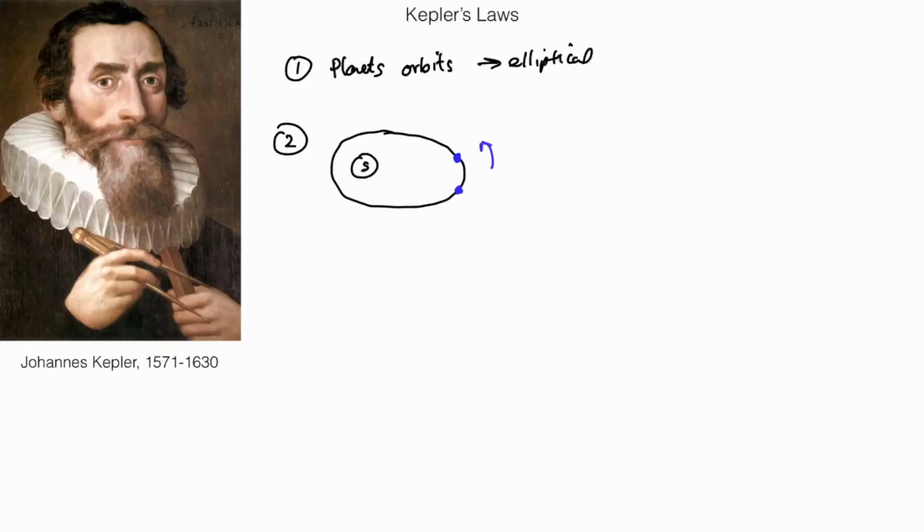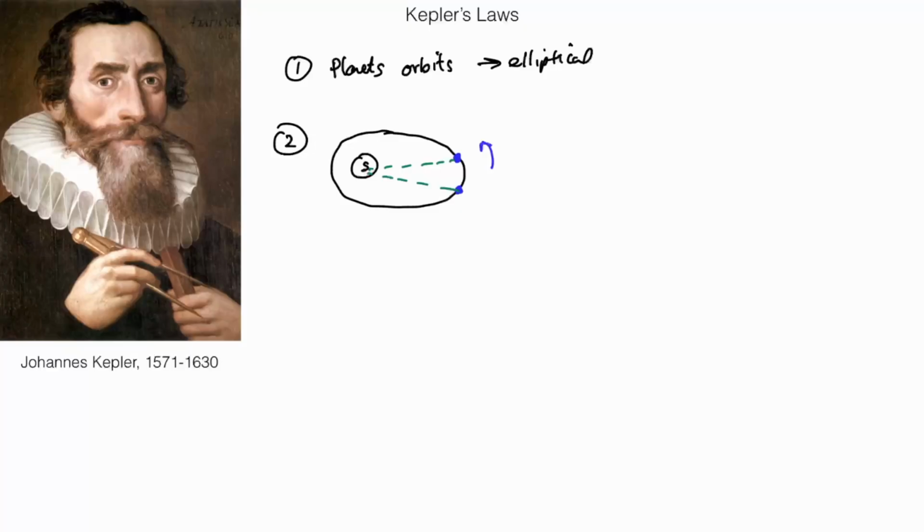The Earth starts, and we measure its position here, and then a month or two later, we measure it here. Then we draw a pizza slice. There's an arc, and we draw from the sun, which, by the way, is always at the focus.